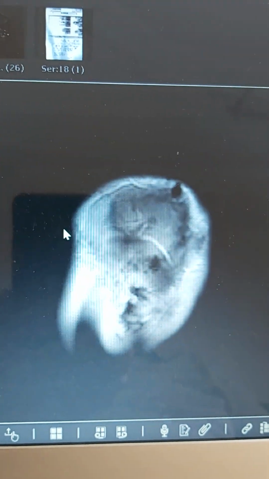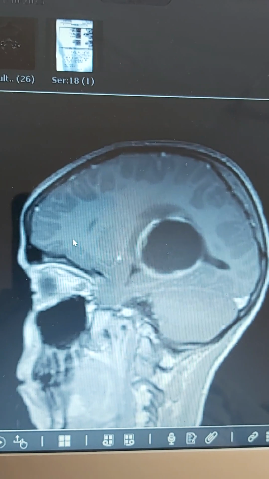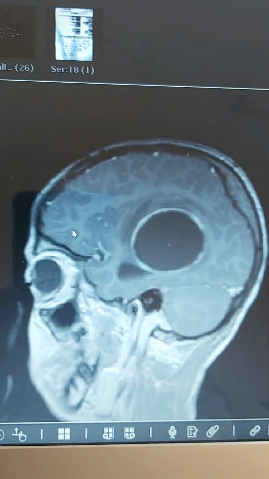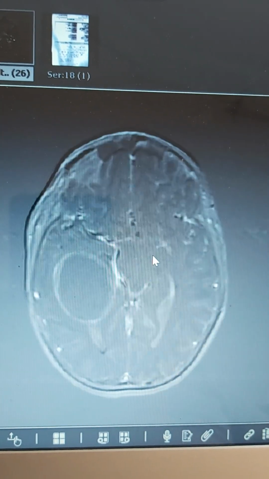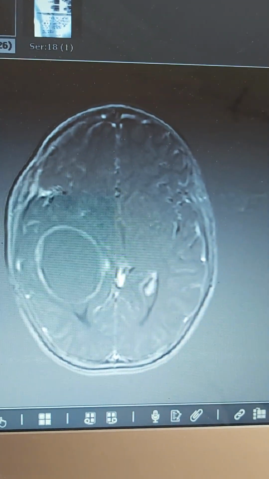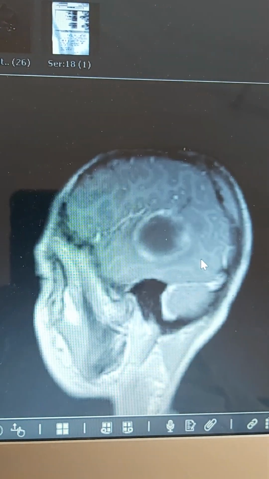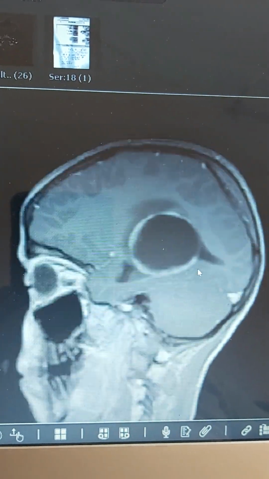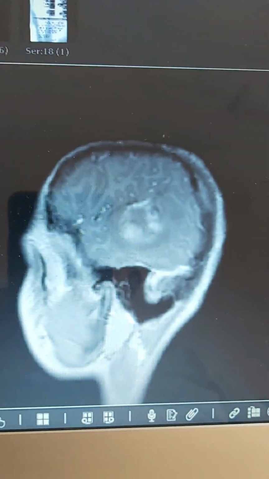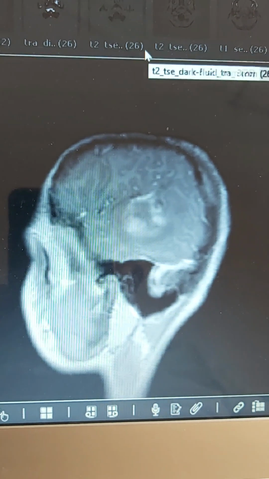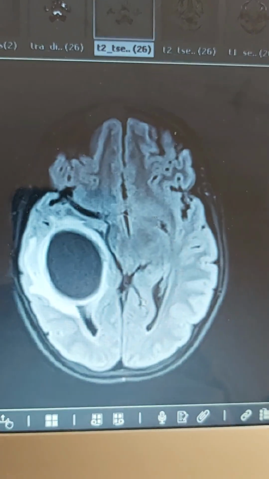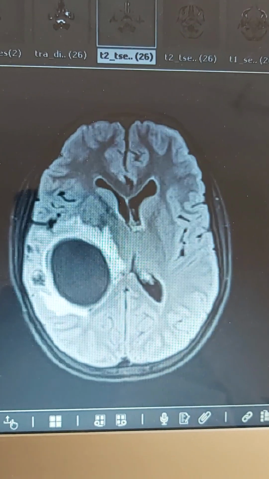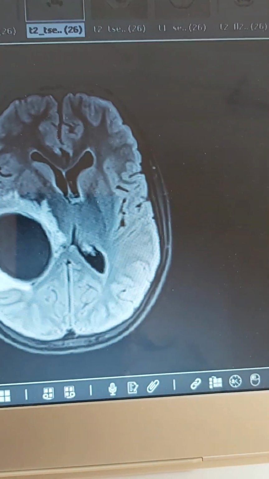And when we try to find a clue to differentiate it from an arachnoid cyst, the only clue is the inner membrane.